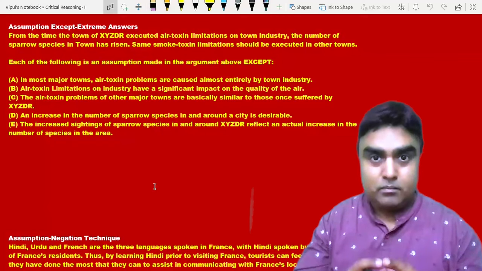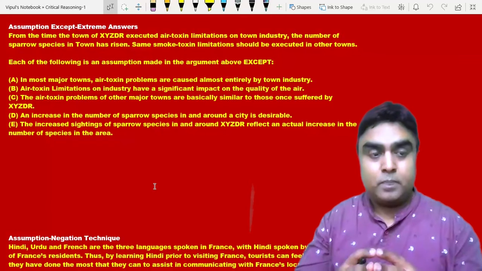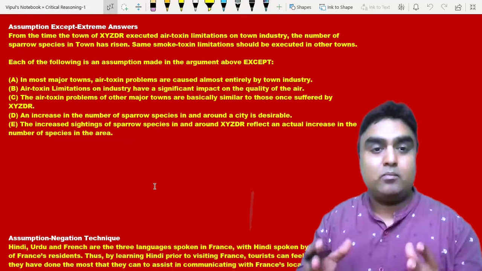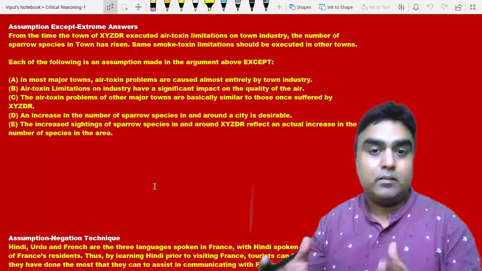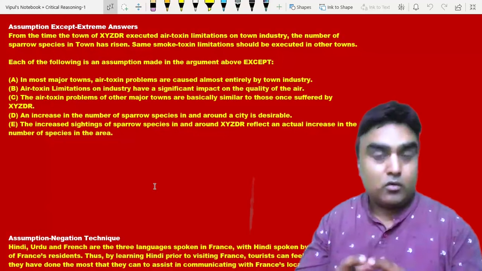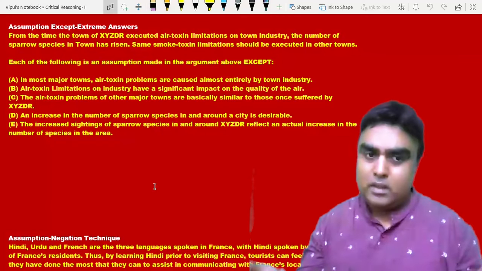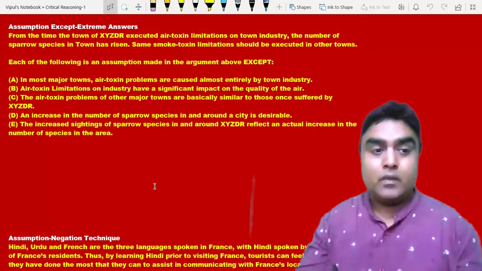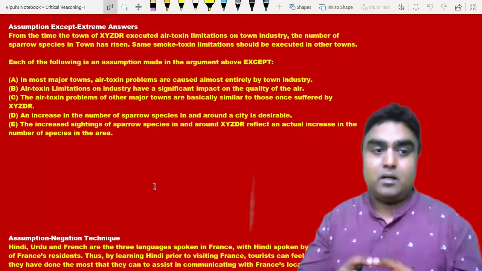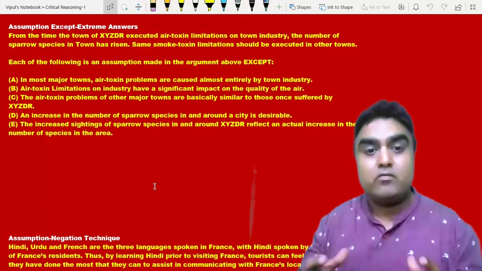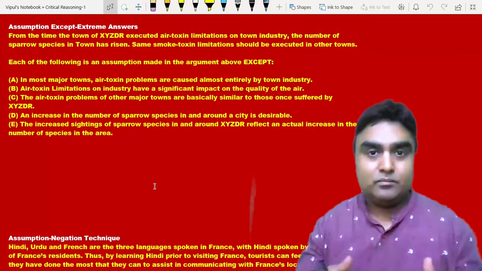The first is the option: in most major towns, air toxin problems are caused almost entirely by the town industry. And this looks like a very big potential winner. Looks like a good answer. And this is an assumption which has been made. Now the B part: air toxin limitation of industry has a significant impact on the quality of the air.